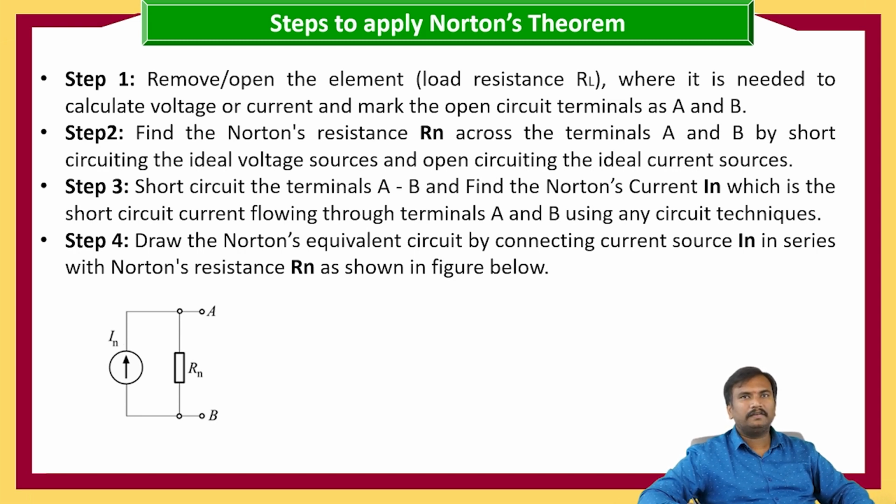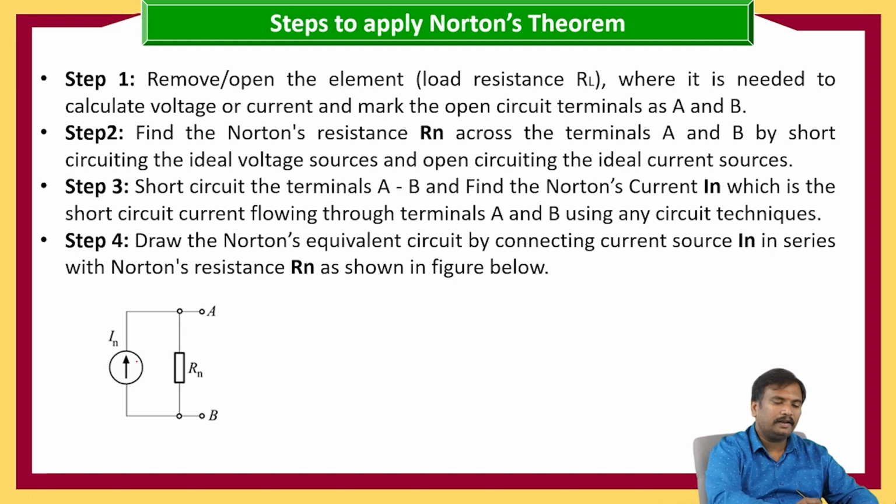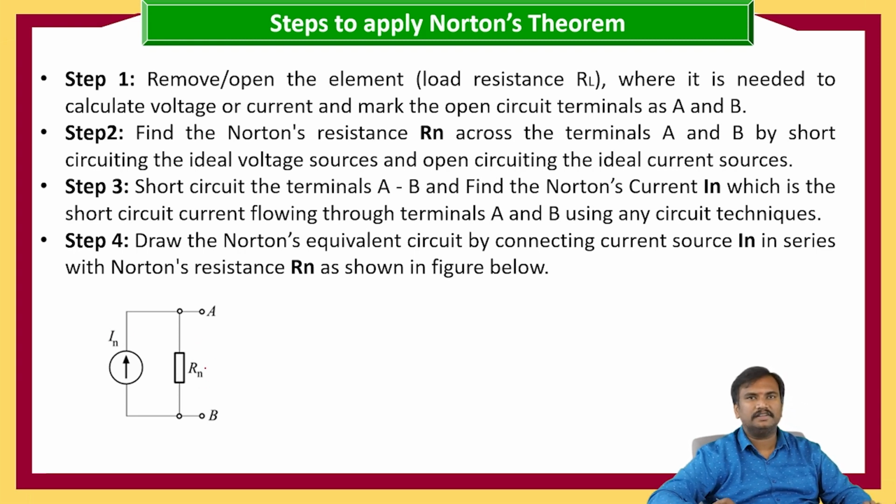The next step is we need to draw the Norton's equivalent circuit by replacing the complete circuit with a single current source in parallel with the resistance. Here IN is connected in parallel with RN. IN is the Norton's current, RN is the Norton's resistance.